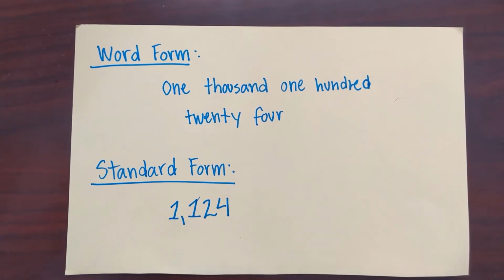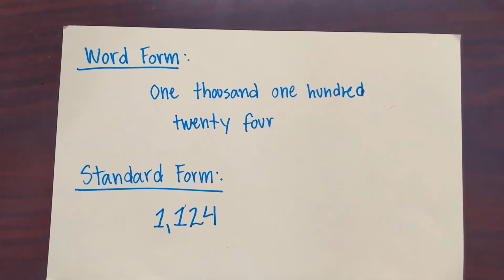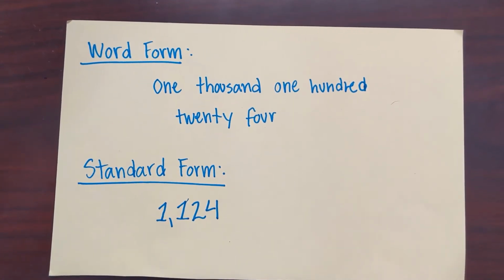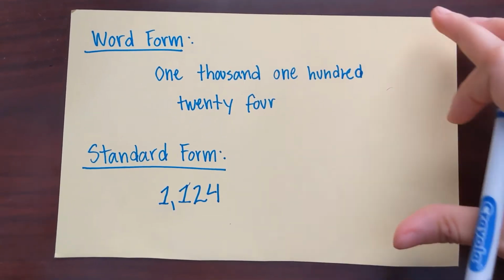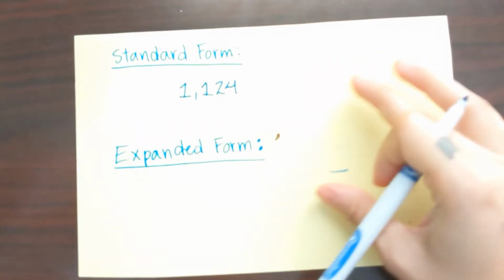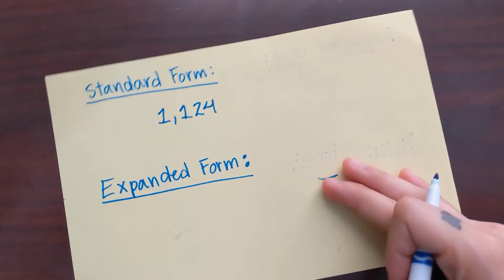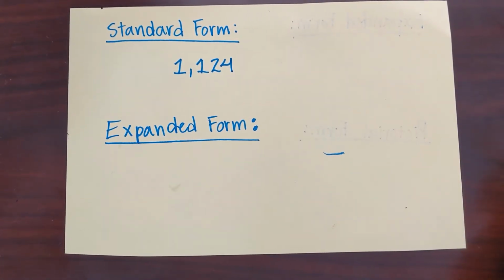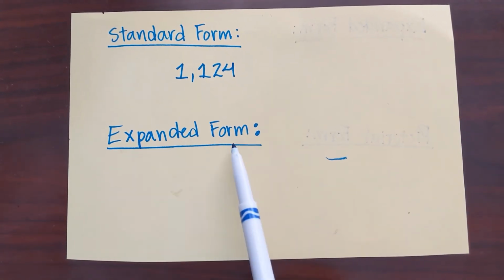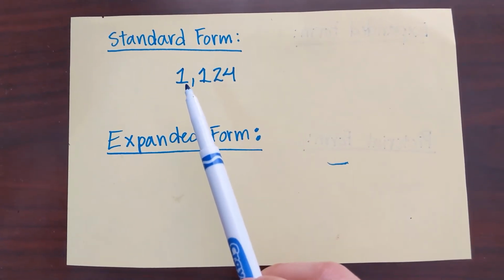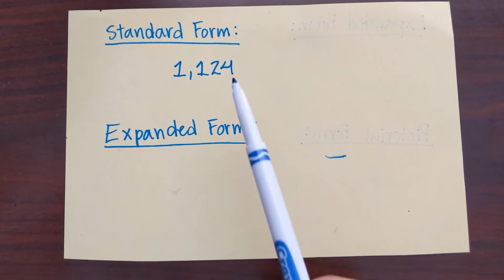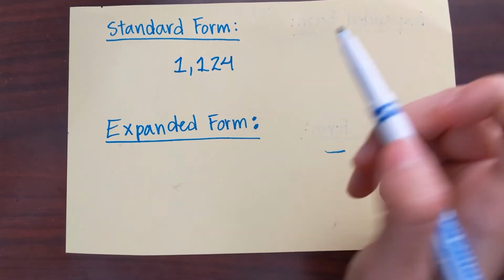So now I'm going to show you how to go from the standard form to expanded form. Very similar to what I showed you with the place value chart. So one more time, I have my standard form, 1,124. If I want to write that number in expanded form, what I would do is, depending on the place value, I'm going to separate each one of those numbers.